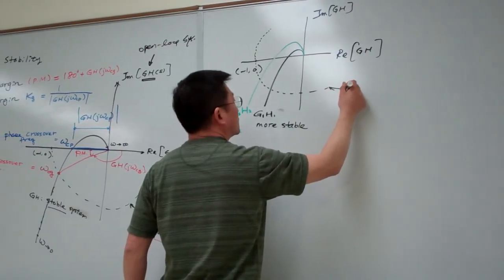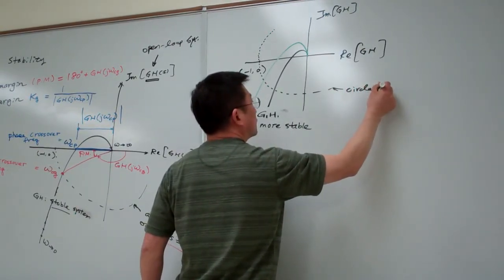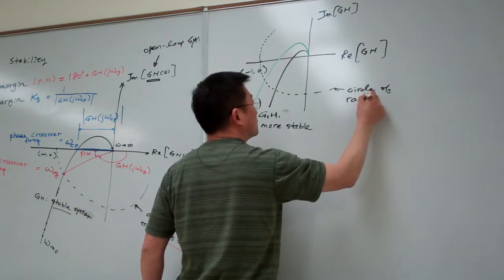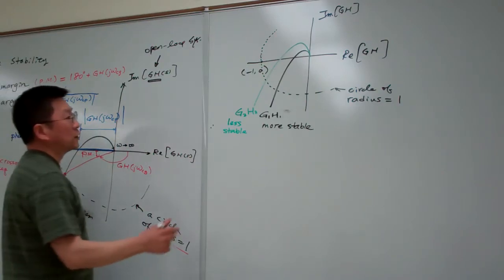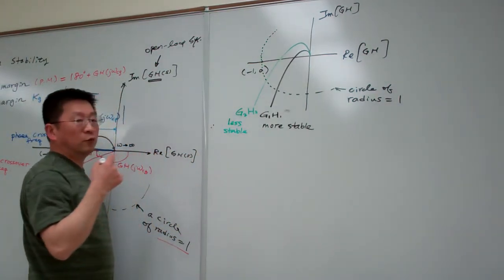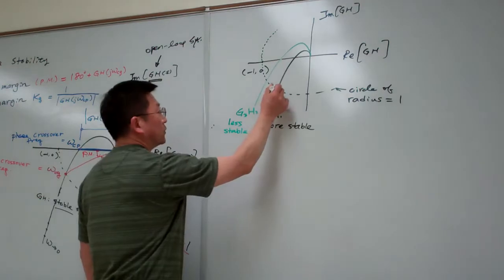So this is the circle of radius equal to 1.